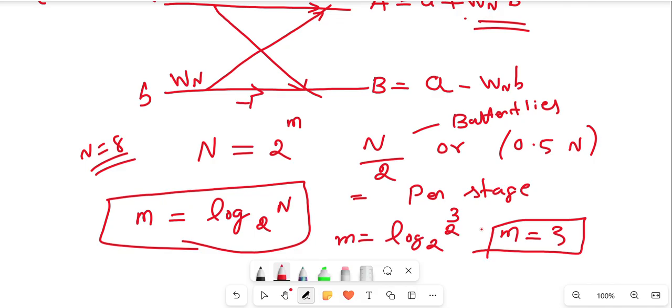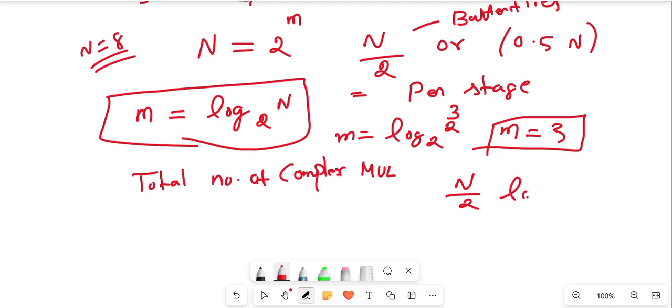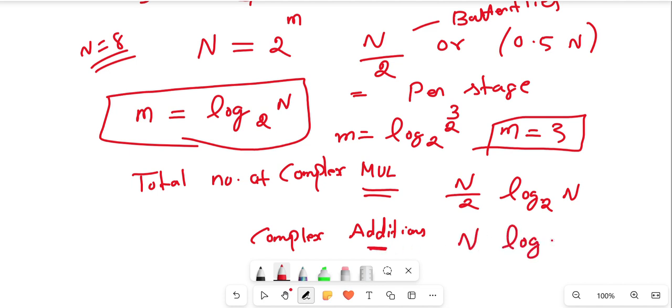Therefore, the total number of complex multiplications will be n by 2 log n to the base 2, and the complex additions are n log n to the base 2.